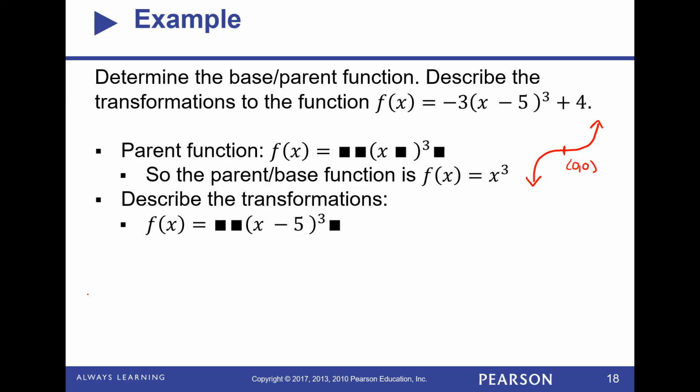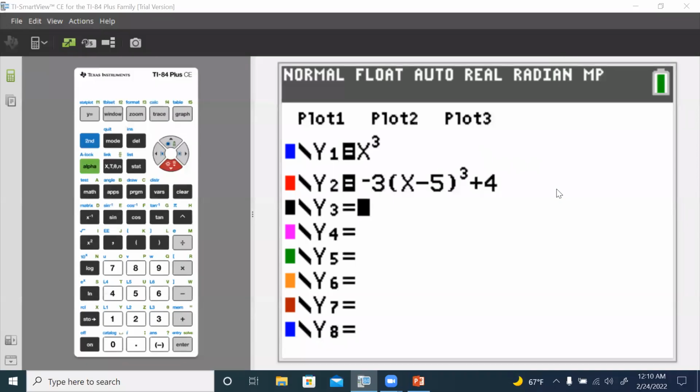Let us pull up our calculator and take a peek at what that does. I've gone into y equals on my calculator. Remember when I said figure out what that parent function is? Go ahead and put that first.